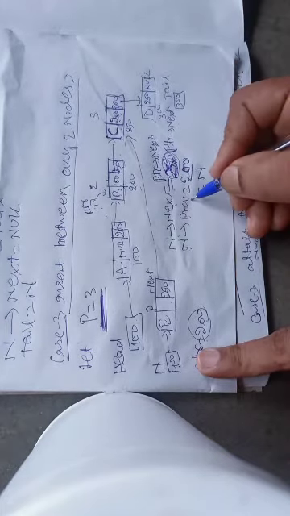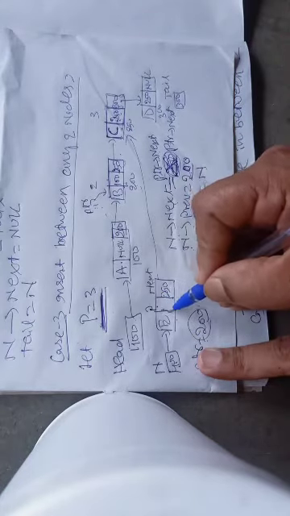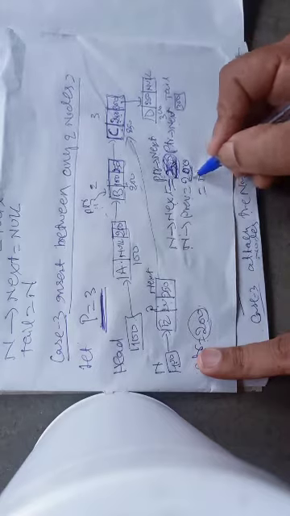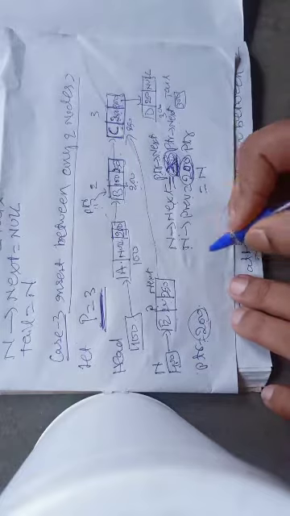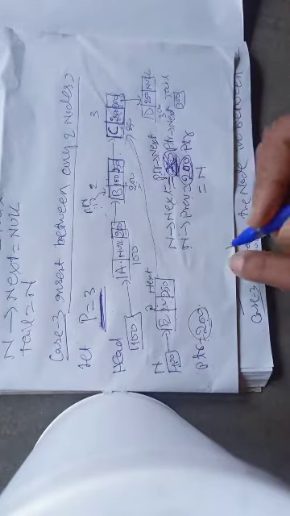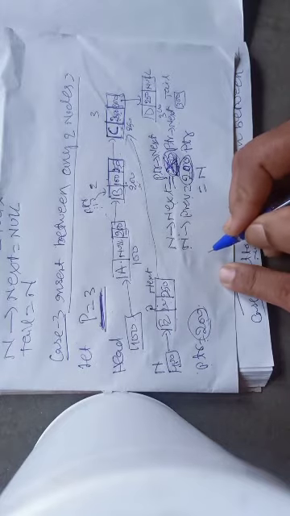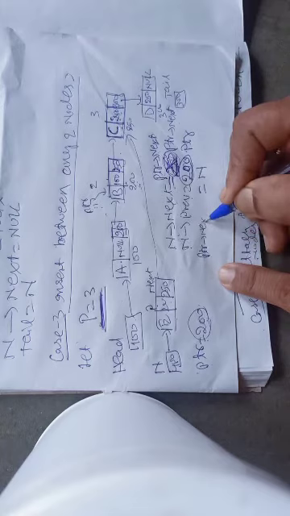Now N of previous is 200. This is the new node, its previous part should be 200. So how can I write 200? Instead of 200, I can simply write PTR, because PTR is right now 200. Got it. Now what is required? PTR is currently pointing to 200, so we will go to PTR of next.